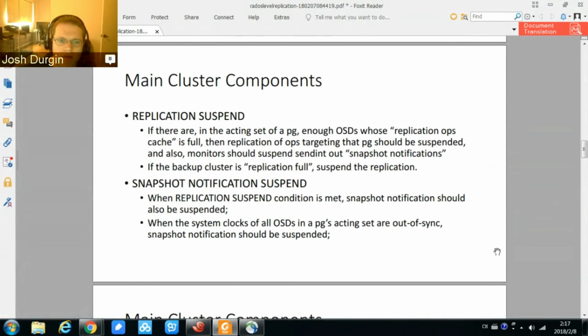That's what I'm about to talk about. We think that maybe we need to add a new field in PG Info, a need-full-replication set.